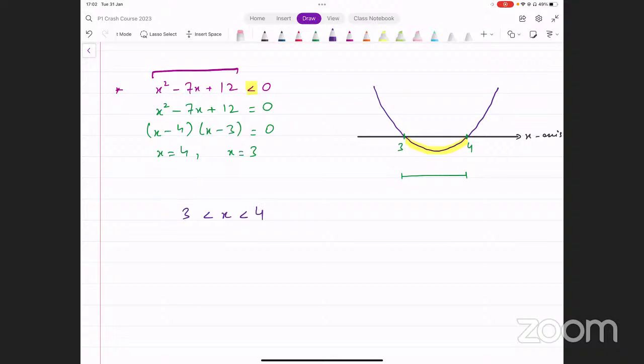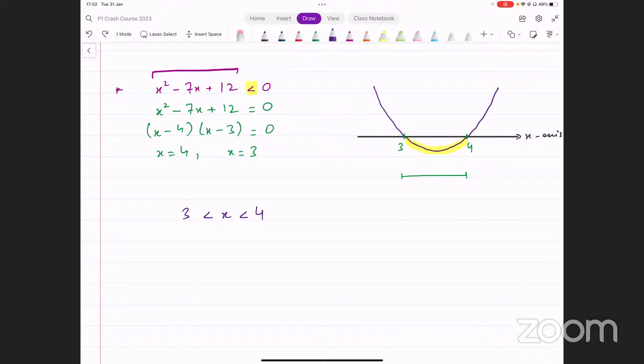You always write this as a single inequality like this, not as two separate inequalities, because it's one single region. It means x is greater than 3, and at the same time, it's also less than 4. So it's greater than 3 and less than 4.